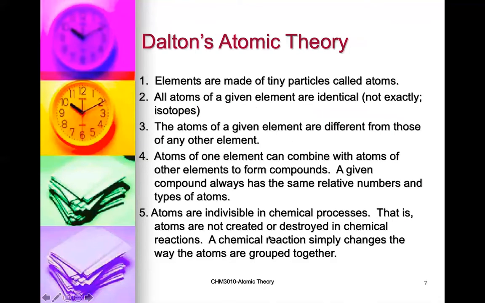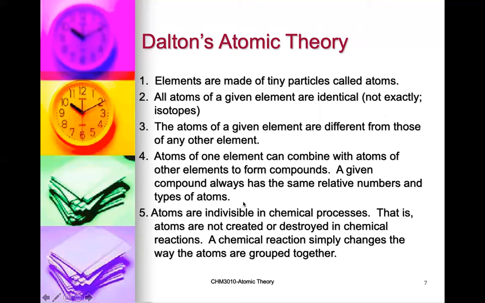So according to Dalton, elements are made of tiny particles called atoms. So Dalton is the one that found out about atoms, but he only knew about them as particles.